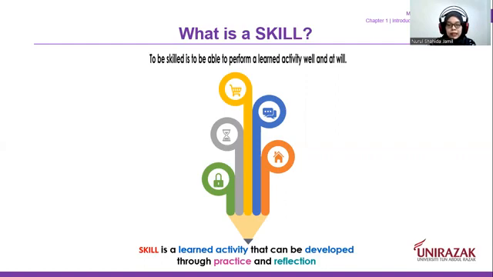Also, a skill is a learned activity that can be developed through practice and reflection. In a simple way, a skill is the ability to do something well, or expertise.